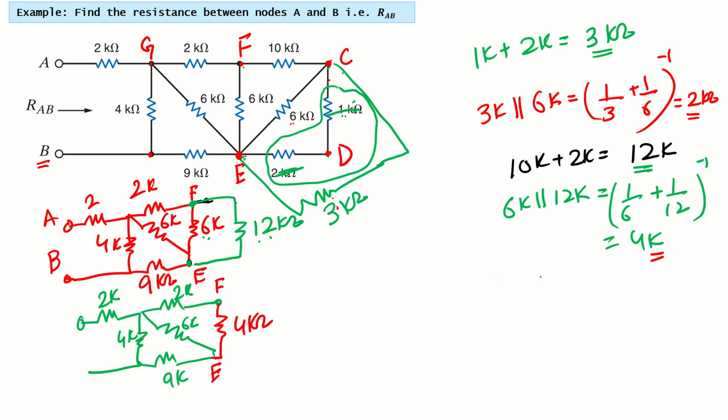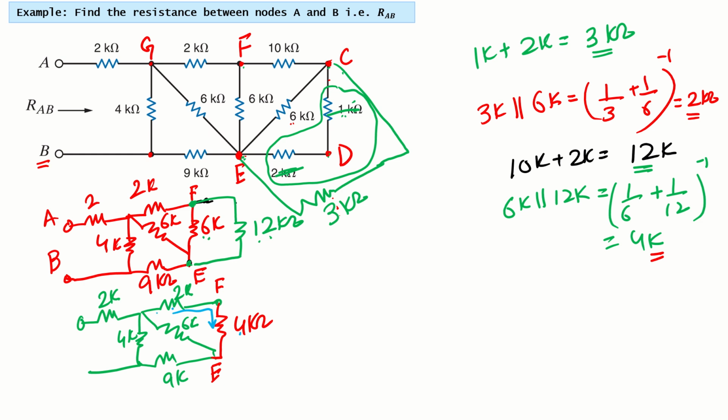Now next, if you look at what we can find here, this resistor 2K and this 4K are in series. Another indication to find whether branches are in series or parallel is the current. If the same current is flowing through resistors, they are in series.